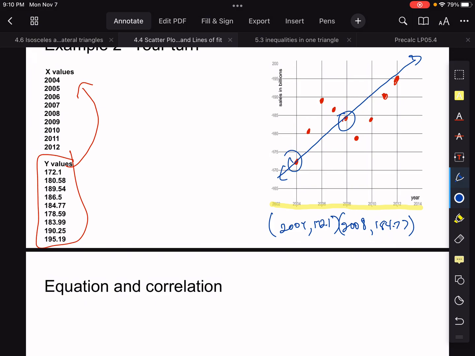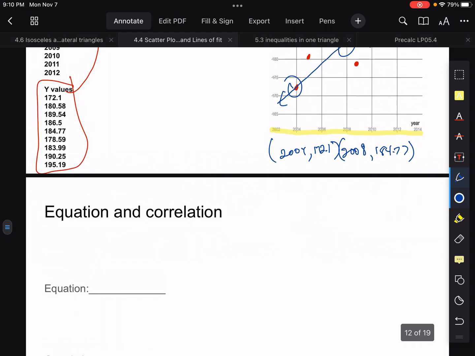Okay, so I need to create an equation, right? So this is just 2 points. You know what? For the sake of this, and depending on how exact they want you to do this in your homework, I'll let you do something like this. I'm just going to estimate this and round it to the nearest whole number just to make life easy. So my change in y would be 185 minus 172.